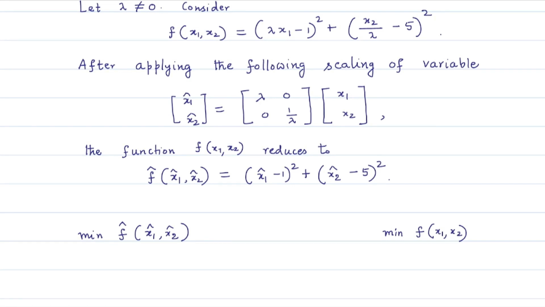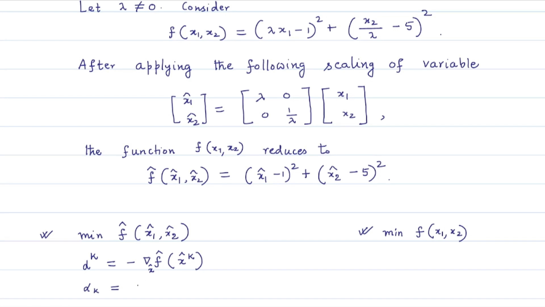In both problems, employ the descent direction as the negative of the gradient of the function at the point xk hat, and take the step length alpha k to be chosen by exact line search.